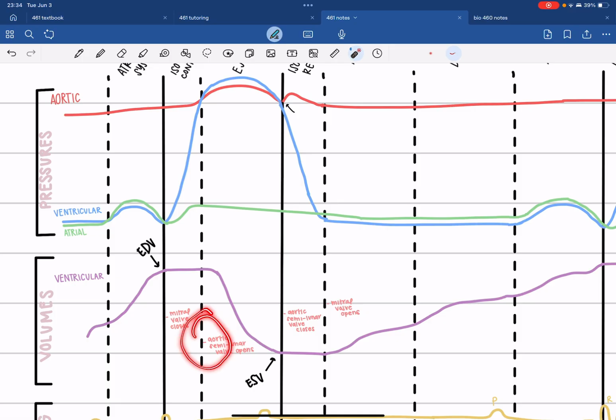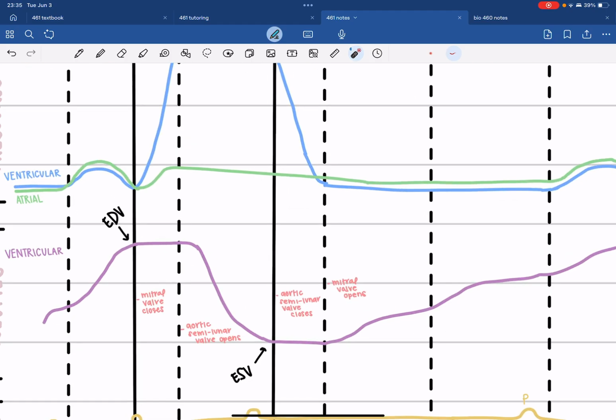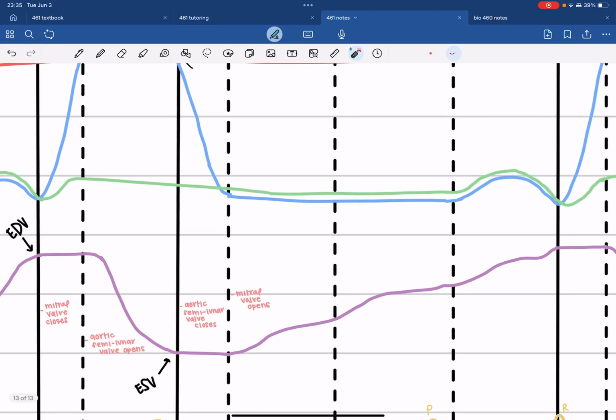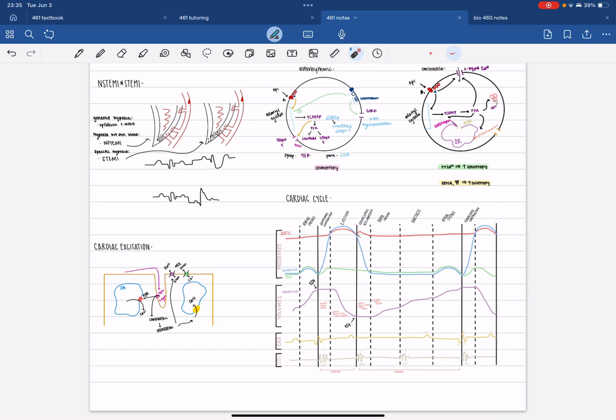Then, right at the beginning of ejection, this is where the aortic semilunar valve opens because we overcame the pressure there. Ejects the blood, and then we close that valve too because that valve is very pressure sensitive and it's only open for this short time. Then after that happens and we have this short period of time again where no valves are open, we then refill the blood because the mitral valve is open.